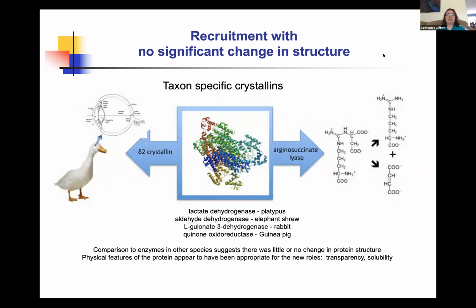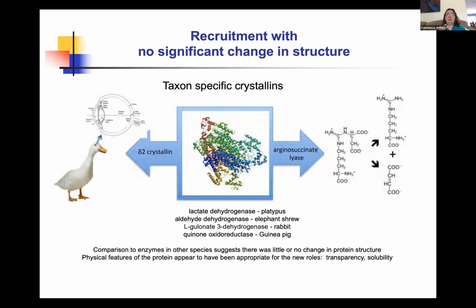An example of this are the taxon-specific crystallins. These are proteins that are often ubiquitous enzymes found in many species. So, for example, argininosuccinate lyase catalyzes a reaction in many species. But in some species, they're expressed at a very high level in the lens of the eye, where they have more of a structural role.